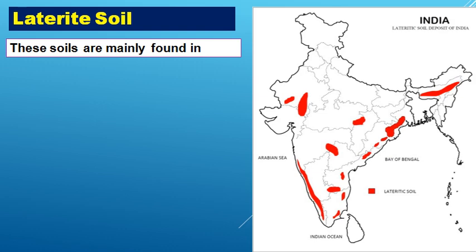Now where is it found? It is found again in the states of Maharashtra, Goa, Kerala, Tamil Nadu, Andhra Pradesh, Odisha and Madhya Pradesh.